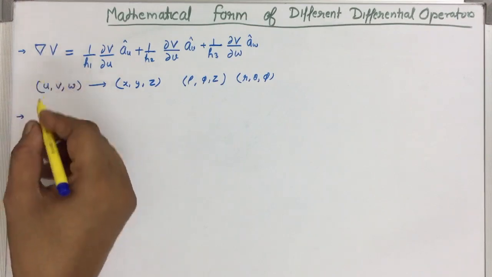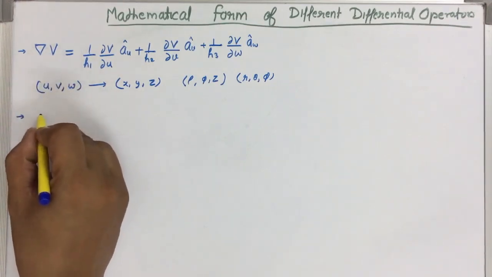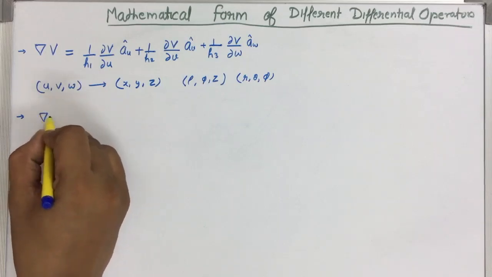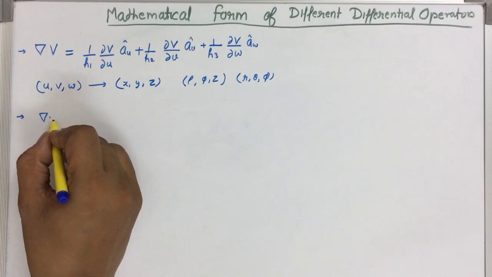Now after gradient, we will talk about divergence. And we know divergence can be written as del dot any vector.